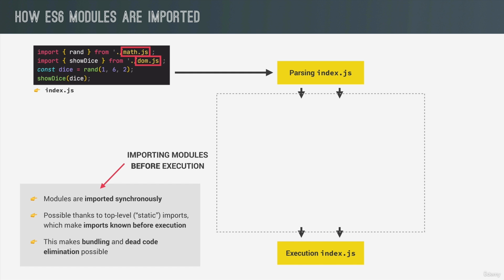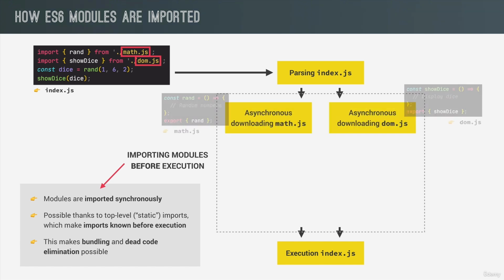But now let's move on here. So after the parsing process has figured out which modules it needs to import, then these modules are actually downloaded from the server. And remember, downloading actually happens in an asynchronous way. It is only the importing operation itself that happens synchronously.